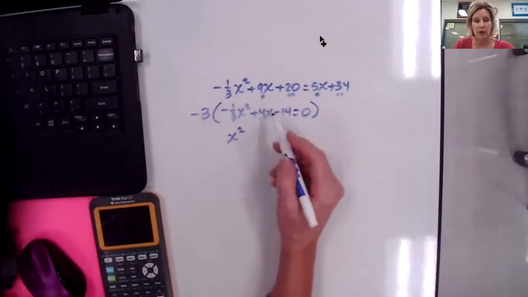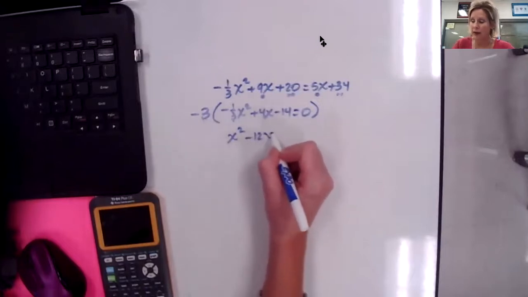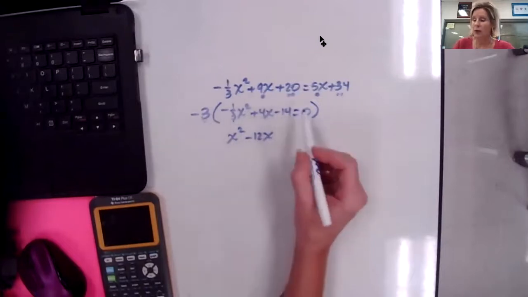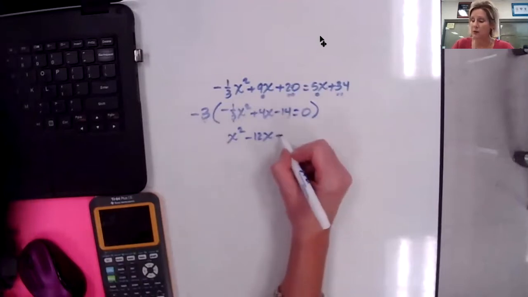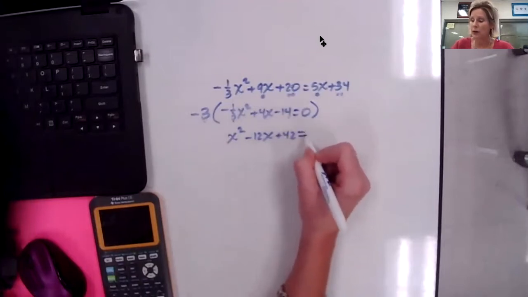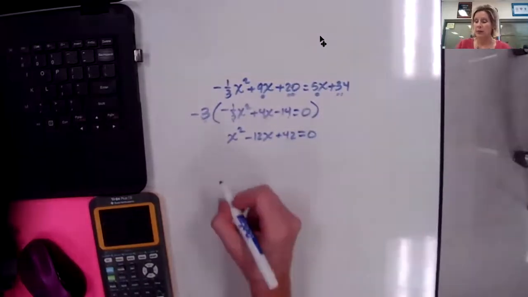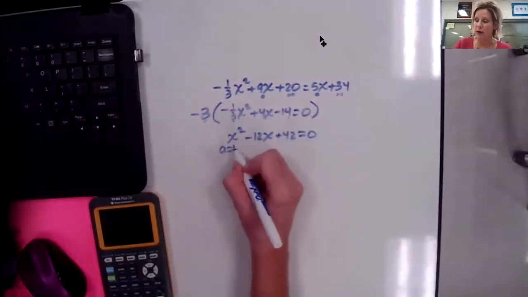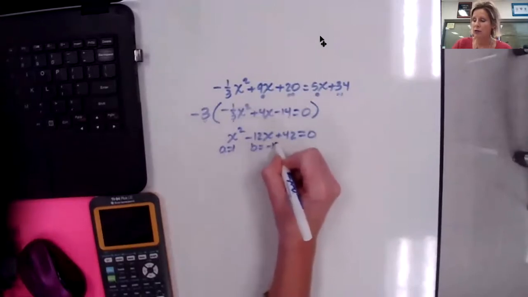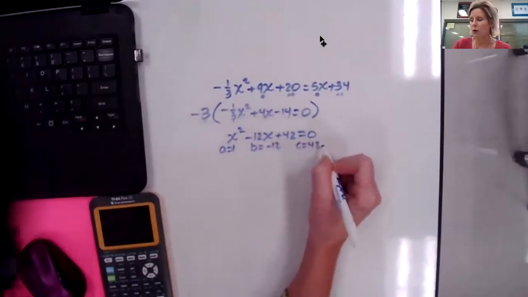Negative 3 times positive 4 is negative 12x. Negative 3 times negative 14 is positive 42. Negative 3 times 0 is just 0. So now I can see that A is 1, B is negative 12, and C is 42.